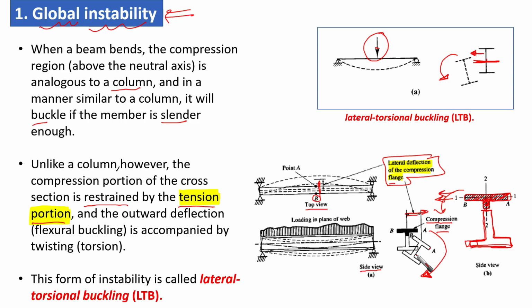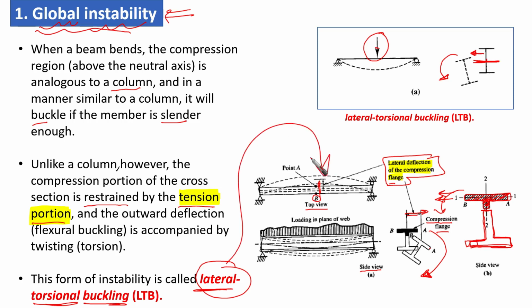Okay. So now let's go and understand more about this global instability phenomenon, we call it lateral torsional buckling, LTB. Lateral, we understood why we call it lateral, because of the lateral movement.